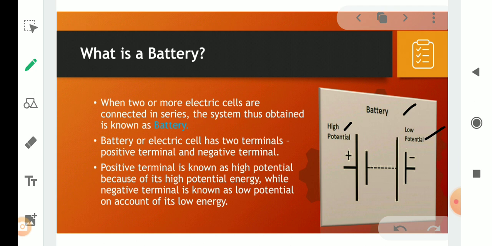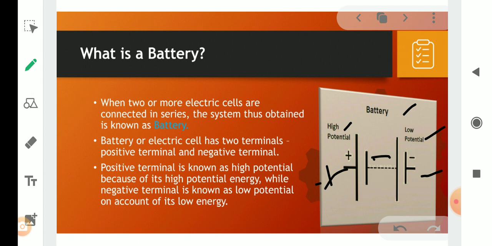When two or more electric cells are connected in series, you can see the end-to-end connection here, this system is called a battery. A battery or electric cell has two terminals, a positive terminal and a negative terminal.